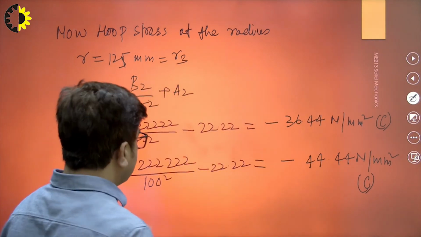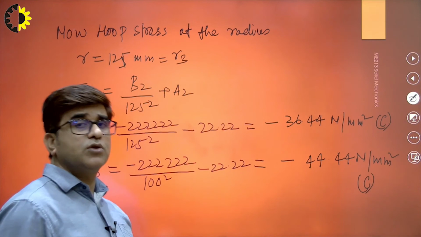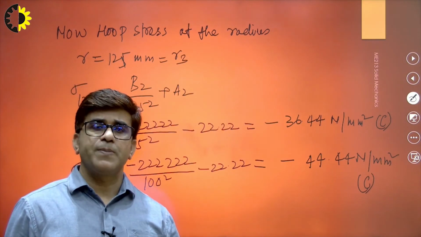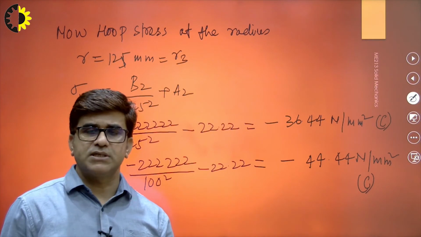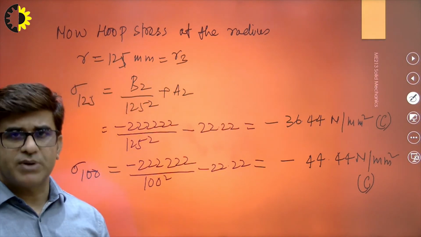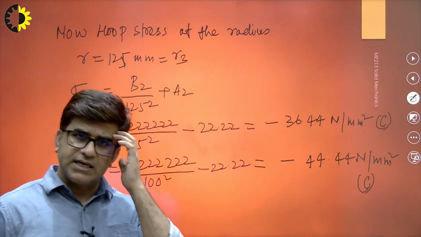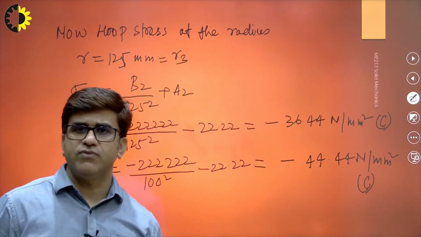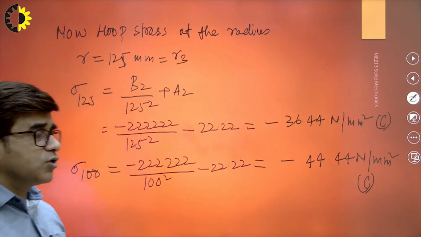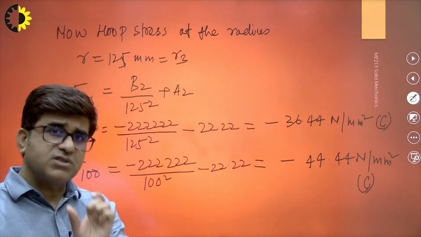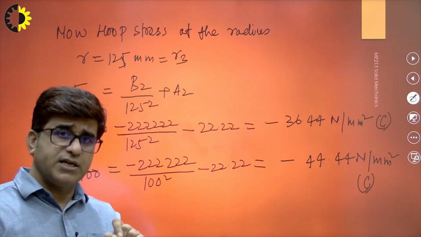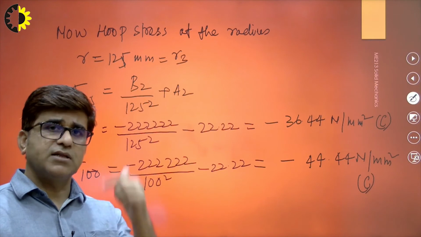Now I will calculate the hoop stress developed due to fluid pressure. Now this compound cylinder has been subjected to fluid pressure, and pressure of the fluid is given, and that is 84.5 Newton per mm square. So because of this fluid pressure, what are the hoop stresses developed at inner radius, at the junction, and at the outer radius?